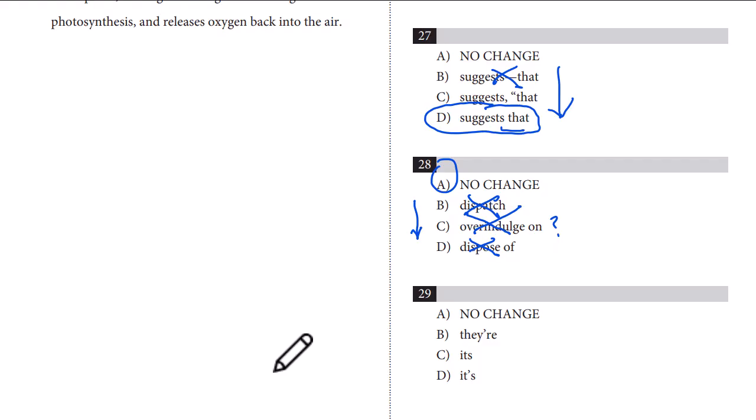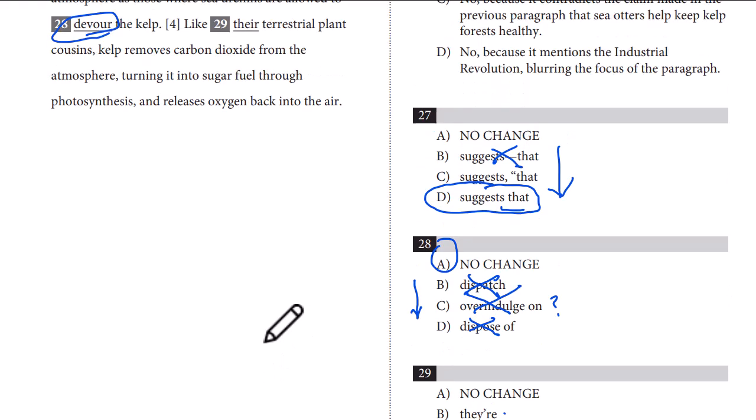29. Okay, the issue here is going to be possessive or non-possessive, singular and plural. As in many cases, there are two issues at hand on grammar questions. So, like their terrestrial plant cousins, kelp removes carbon dioxide. So what's the antecedent to this pronoun? It's actually kelp, which is an unusual setup in the sentence here because this is coming before the noun.